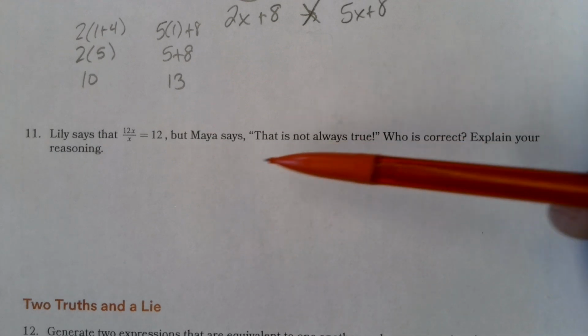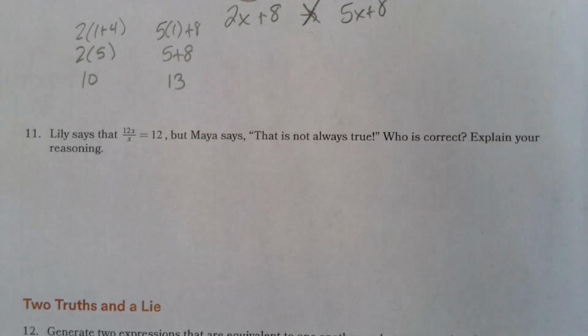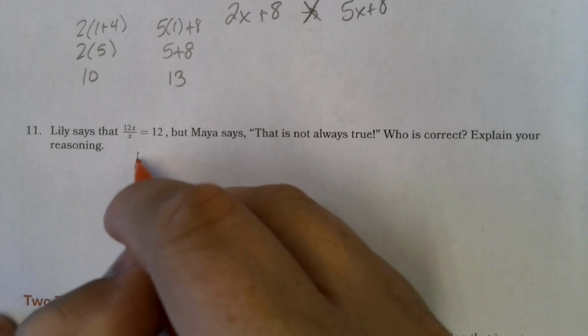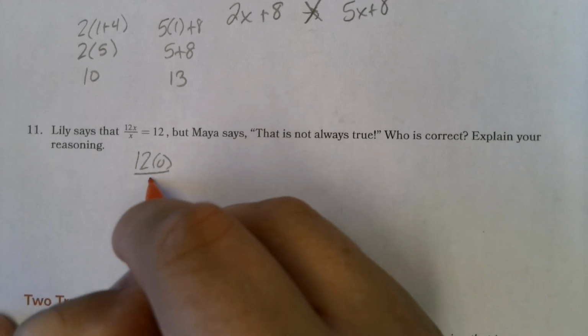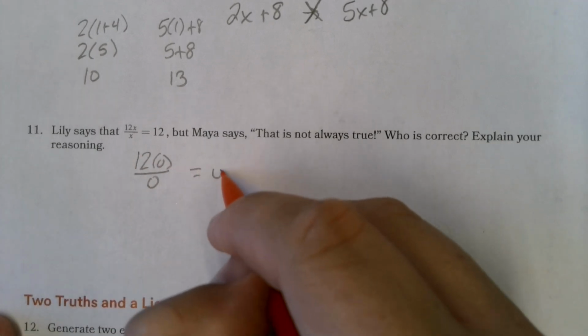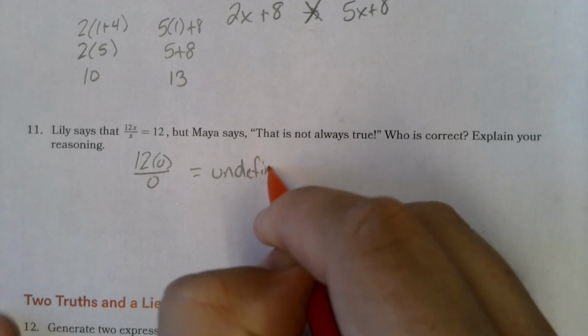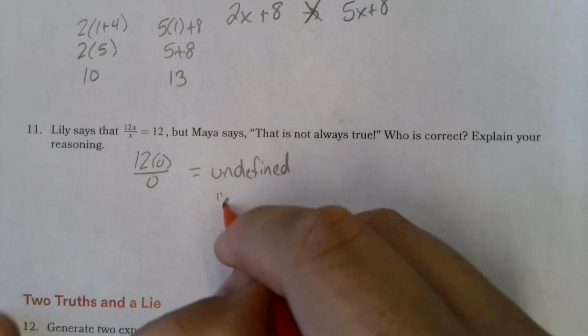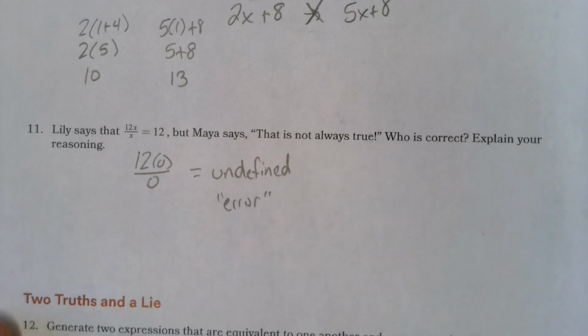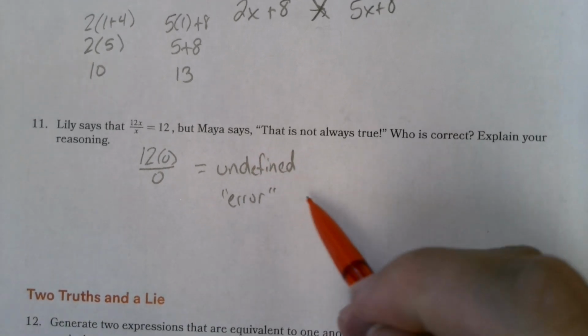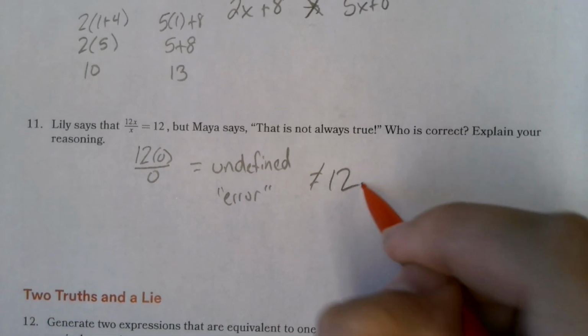If I use 0 for x, you type that in on a calculator, you're going to get an answer that says undefined. So if you have 12 times 0 divided by 0, you're going to get an answer that is undefined. Or you might get an error message. Well, that is not equal to 12.